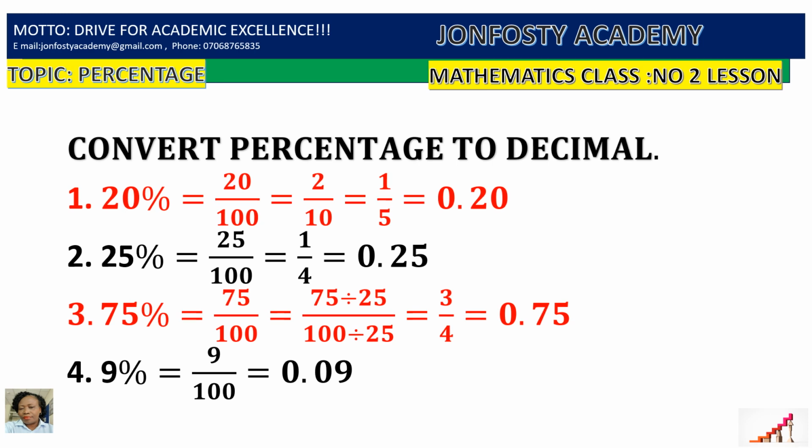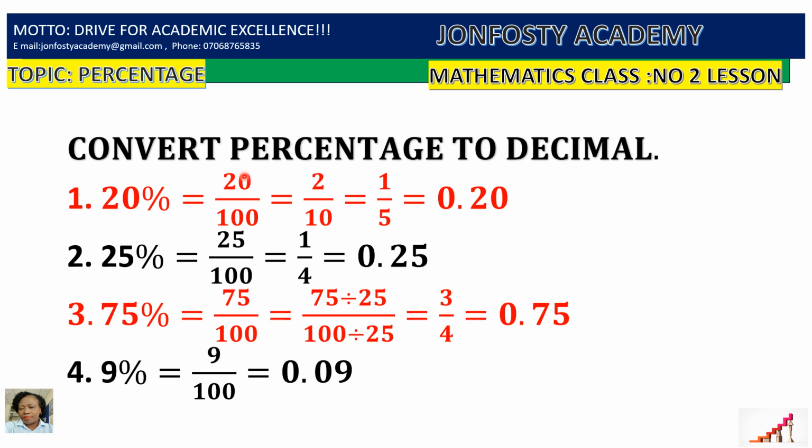Our next topic within this percentage we are treating today is converting percentage to decimal. We take the percentage that we are converting, and we can also change it to a decimal. So the first question says convert 20% to a decimal number. And we start by saying 20 all over 100.